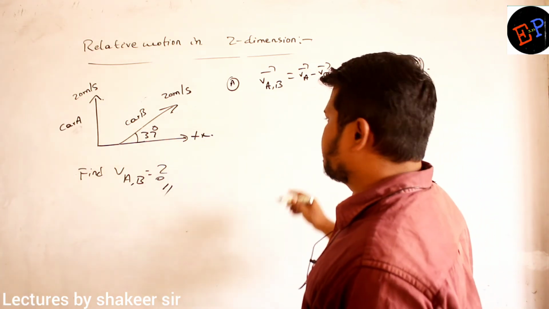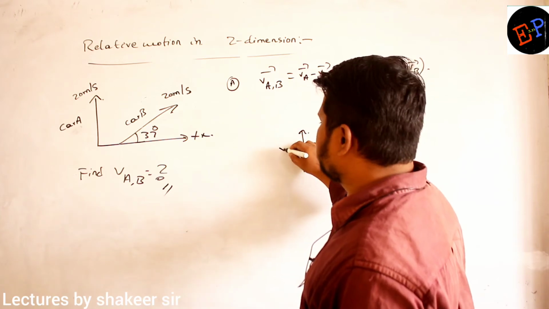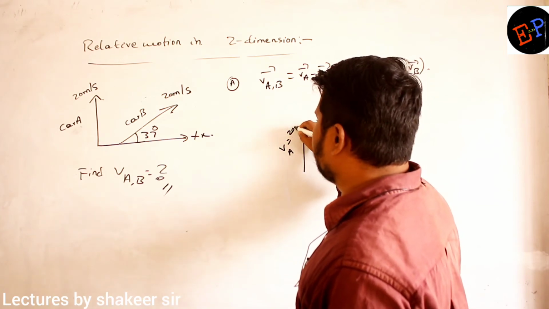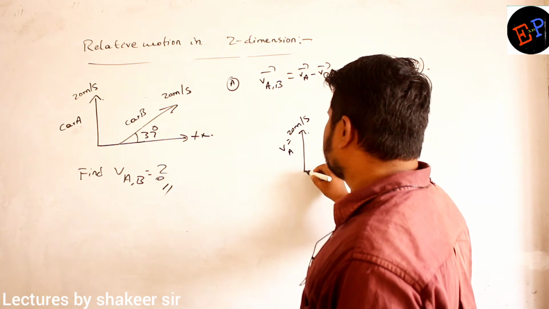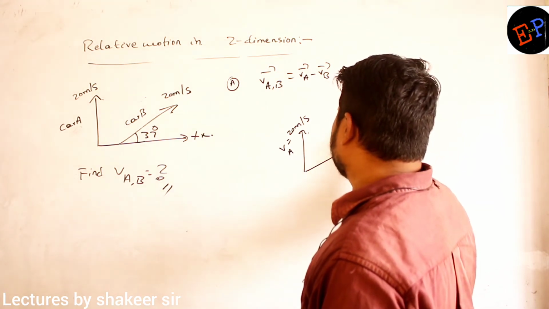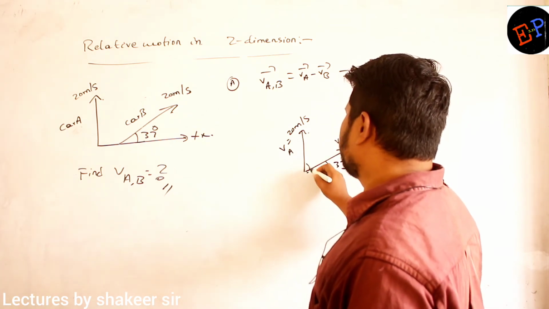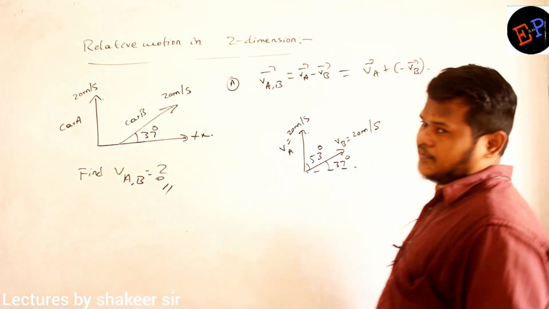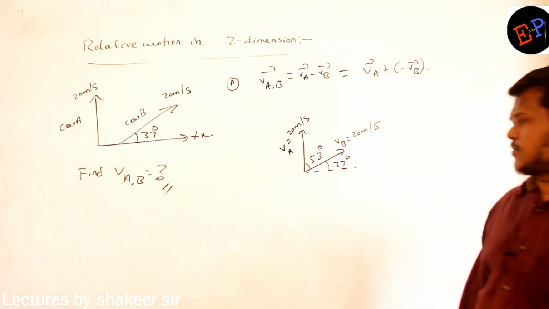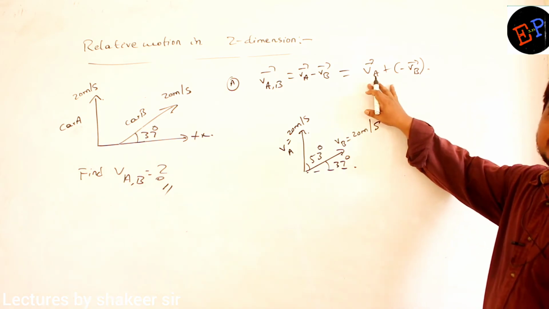So this is the velocity of car A, which is 20 meter per second, and this is the velocity of car B, which is again 20 meter per second. This angle is 37 degrees, then this angle is 53 degrees, because the total angle is 90 degrees. So I want to take the resultant of VA and minus VB.